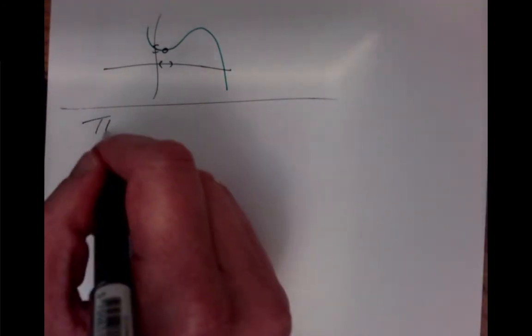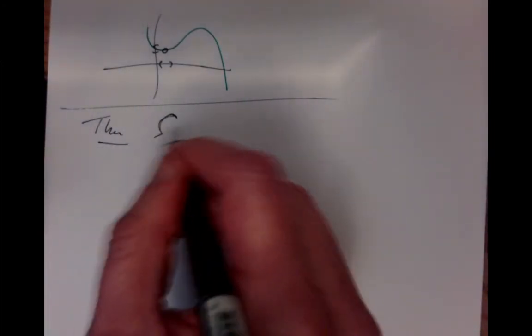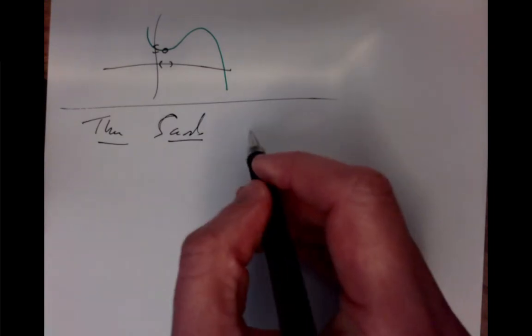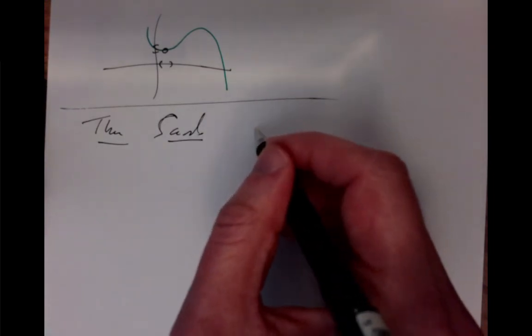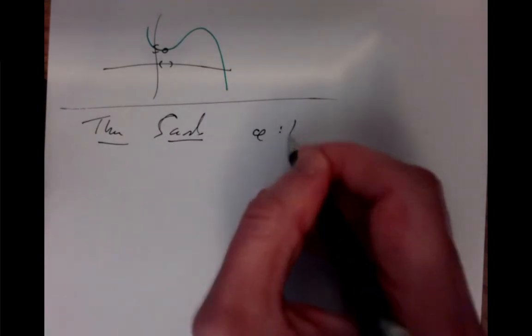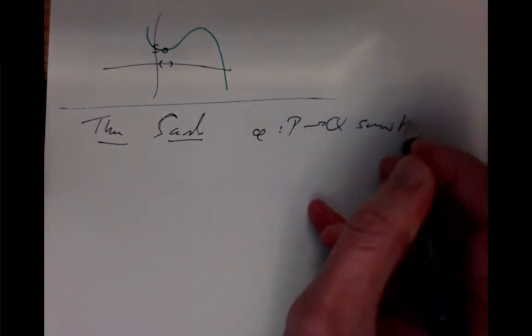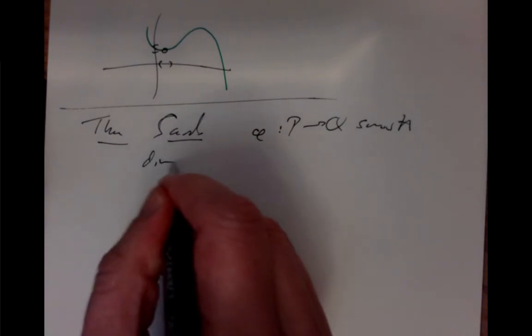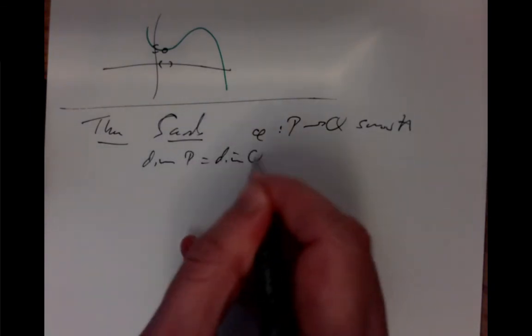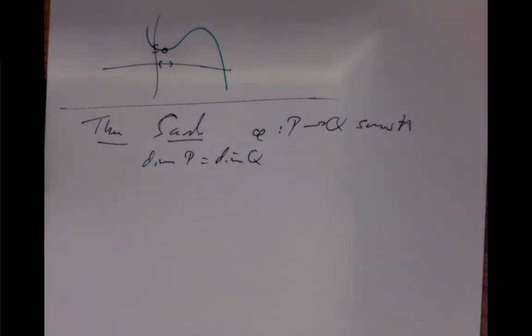So here's the statement of the theorem of Sard. If we have a smooth map of manifolds, it just has to be smooth, not a diffeomorphism, with equal dimensional manifolds. Suppose that, okay, so it just has to be equal dimensional manifolds.